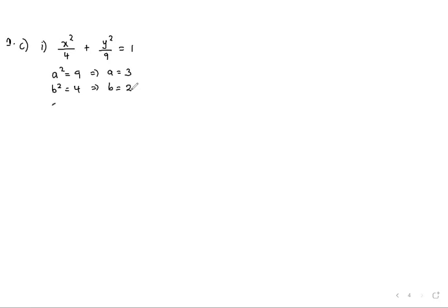Then c squared is equal to a squared minus b squared. This is going to be 9 minus 4, which is equal to 5. So c itself is the root of 5. Then we can now sketch because we have everything.